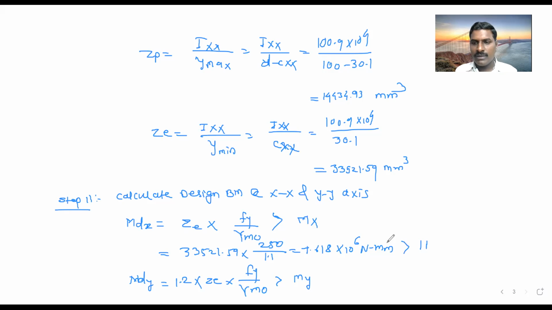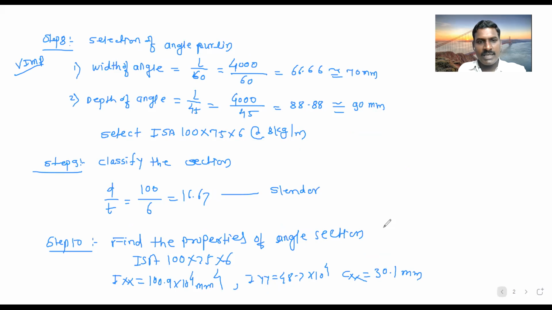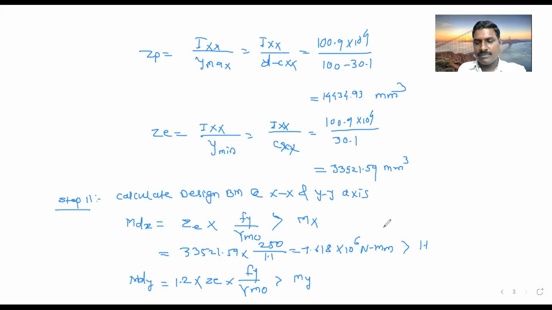It is 1195.93 Newton meter. Subtract 3 digits, so 1.195 into 10 raised to 3 Newton meter. It is Newton meter, right? Yes, sir.